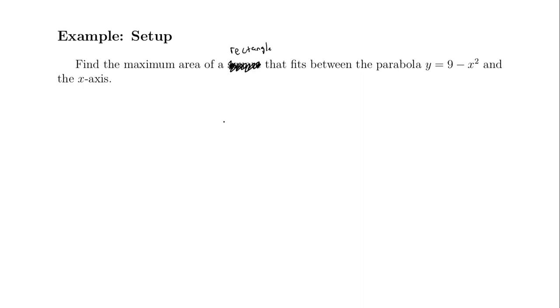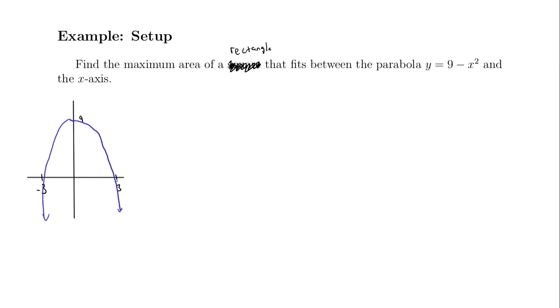So we're going to find the maximum area of some rectangle that fits under this parabola. Let me draw a picture of the parabola here. We've got a y-intercept up here at 9, and x-intercepts down here at -3 and 3, and here's our parabola going down like that.